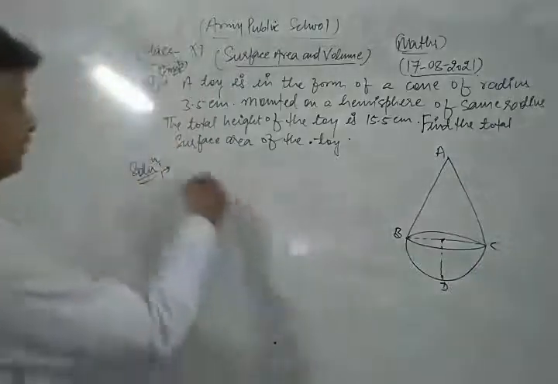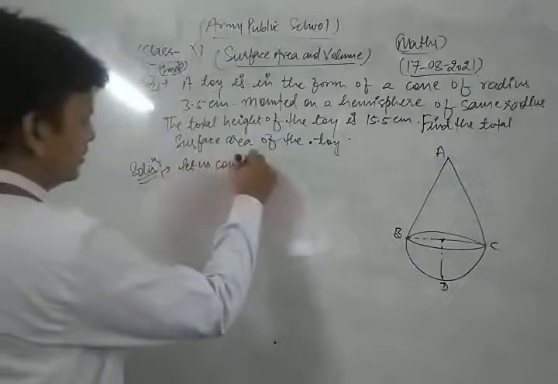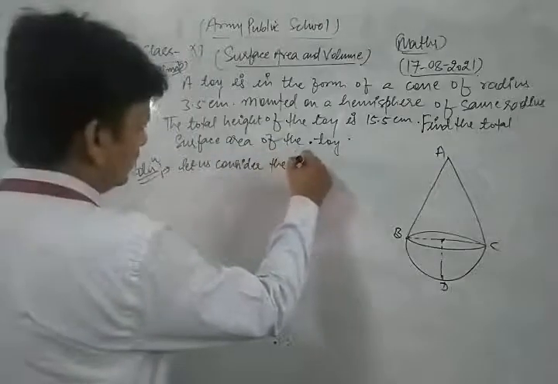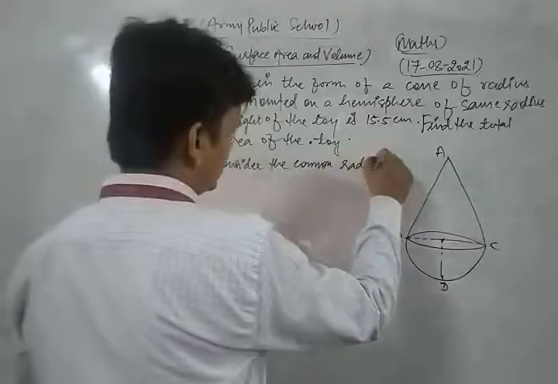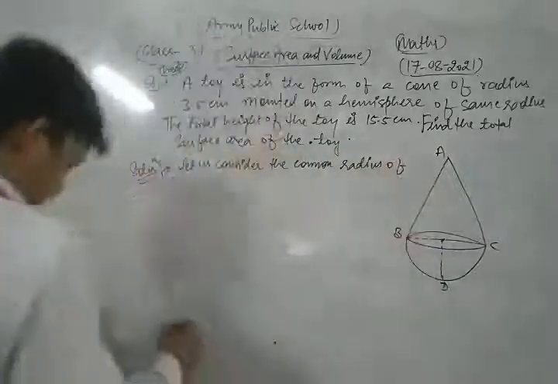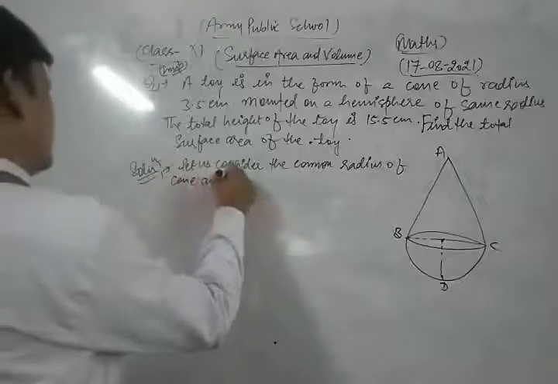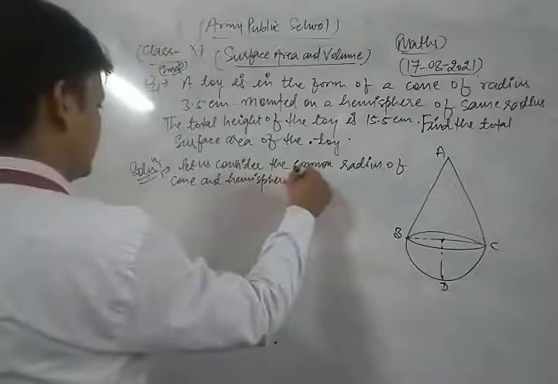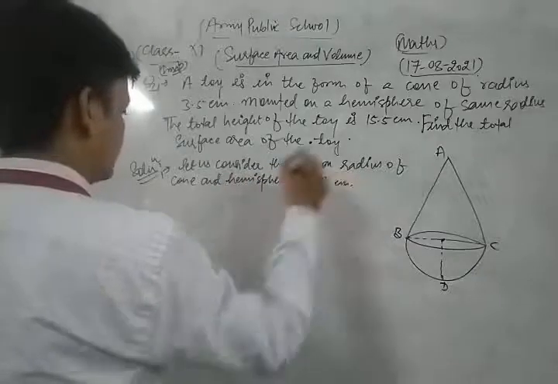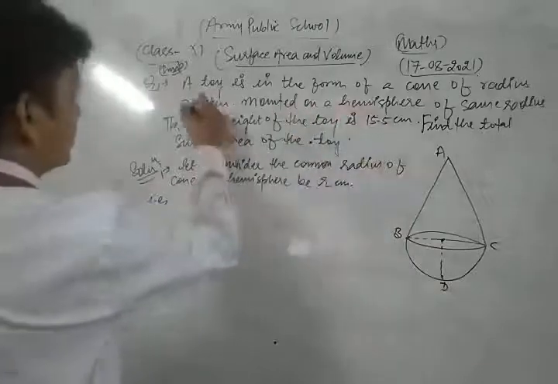Okay, and it is clear that here we consider the common radius of cone and hemisphere, which is given as 3.5.